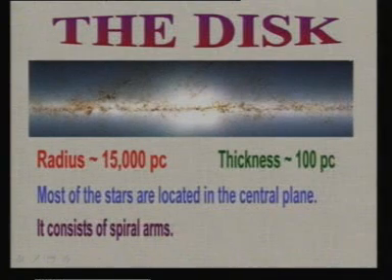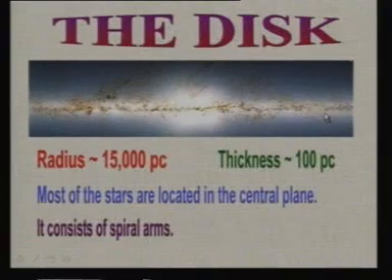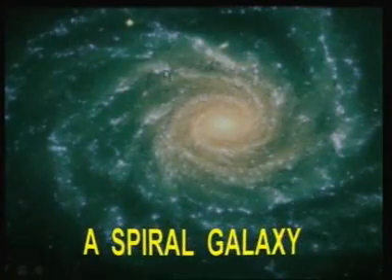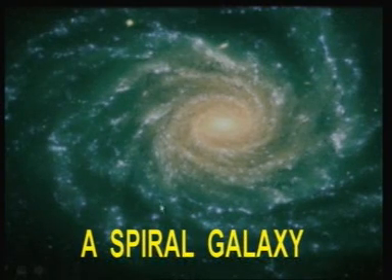And most of the stars are located in the central plane or the disk. We call this plane the disk. And it contains spiral arms, which we shall show you in the next slide. You can see the spiral arms. We said that our galaxy has spiral arms.